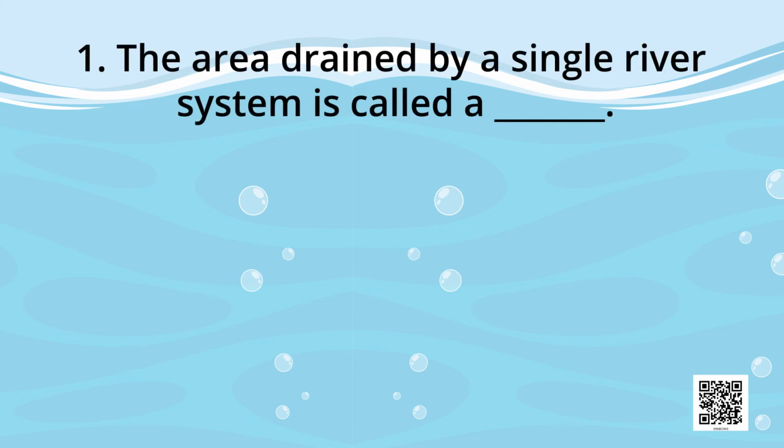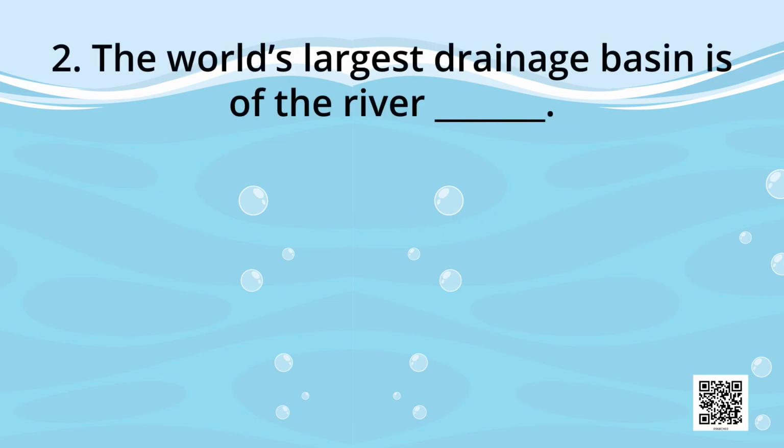Let's try to know how much we have actually learned and understood in today's session. Alright, my first question is, the area drained by a single river system is called a drainage. Very good. Next question. The world's largest drainage basin is of the river Amazon.